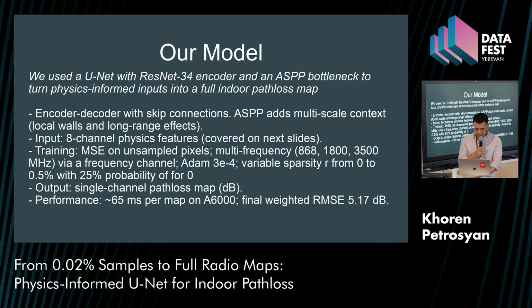Okay, so there were 25 different floor layouts, and these were the frequencies from 868 megahertz to 3.5 gigahertz signals, and for all of them we used the same architecture more or less, and used the Adam optimizer and variable sparsity from 0 to 0.25% sparsity level.